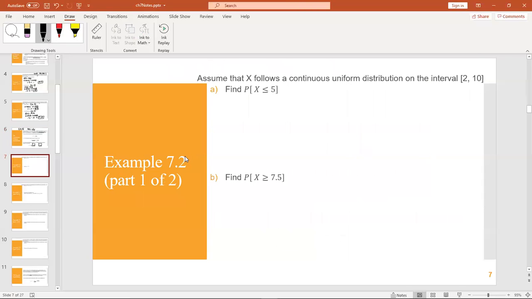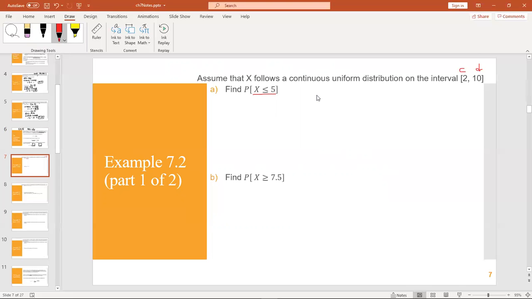So assume that x follows a continuous distribution on the interval from 2 to 10. So then what this would mean, C is the low end number, that's 2. D is the high end number, that's 10. Here, we're saying x is less than or equal to 5.